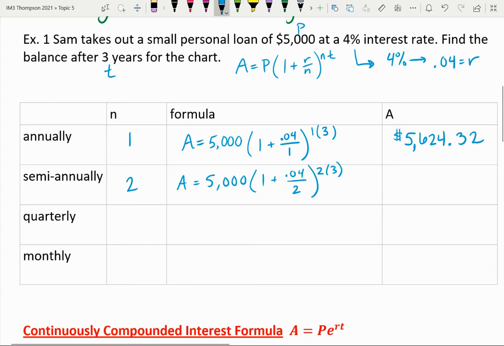Then we'll multiply that by 5,000. When I punched that in my calculator, I got 5,630.812096. There's more decimal places, but my calculator doesn't go anymore.